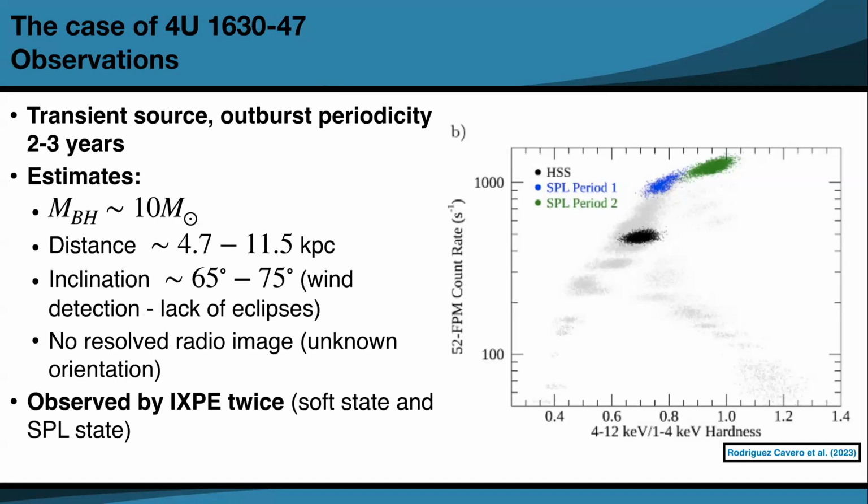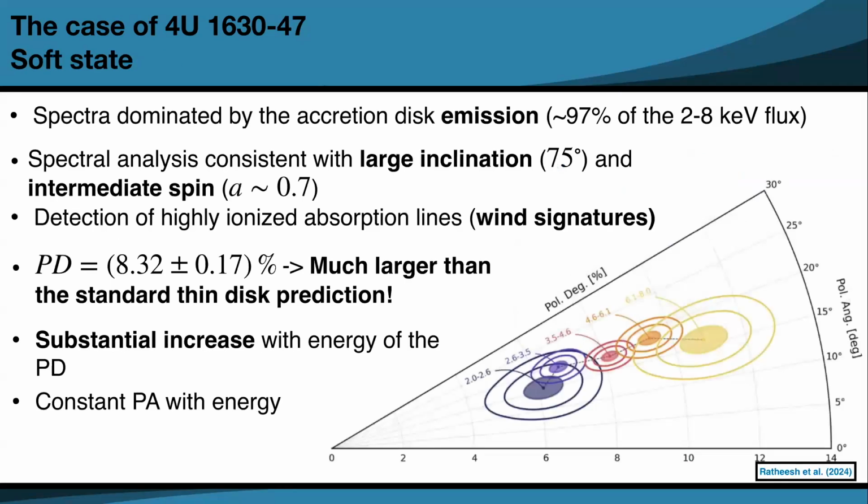So what about the results of the polarization? In the first observation, the soft state observation, first of all, the spectral analysis was consistent with a large inclination and intermediate spin scenario. Also, wind signatures have been detected in this observation.